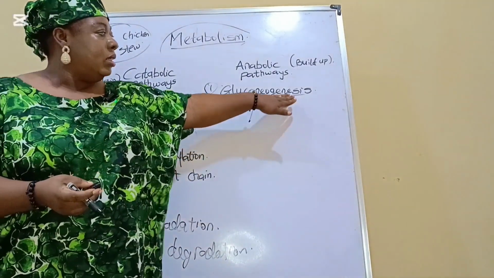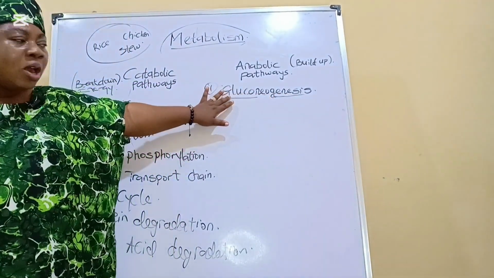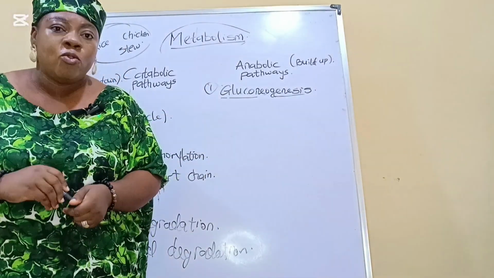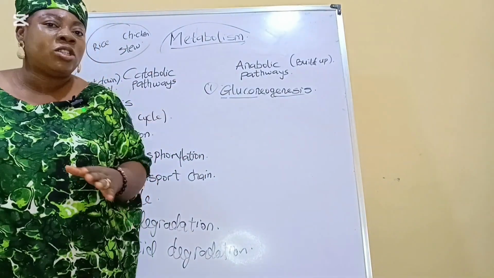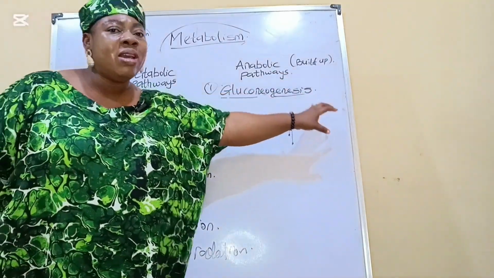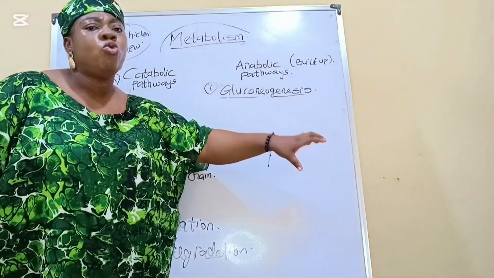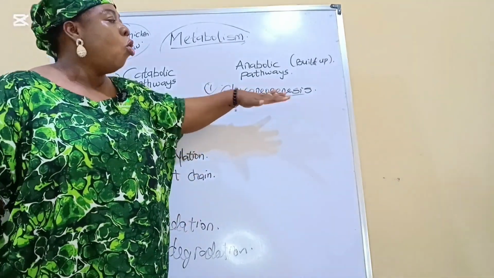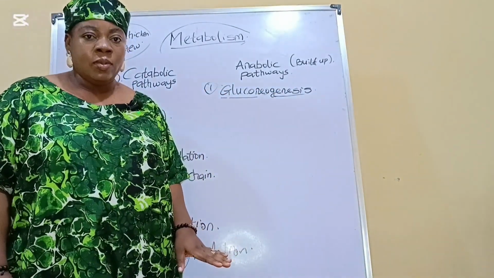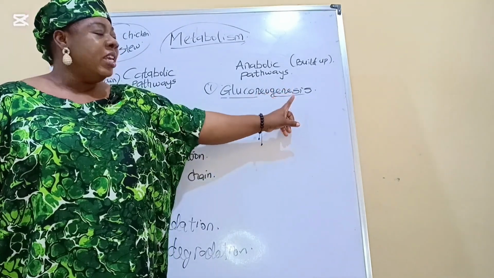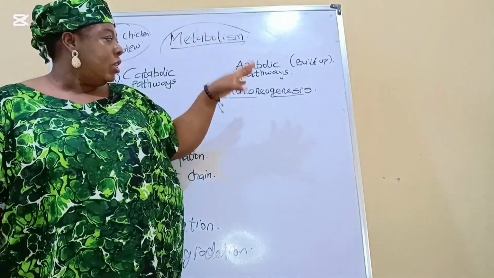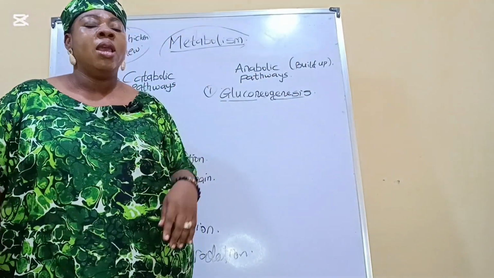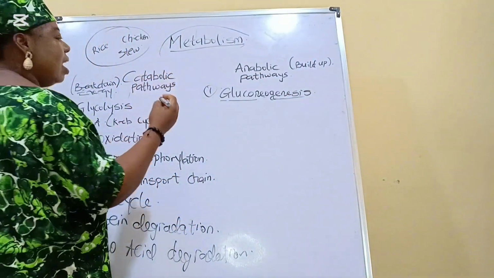We want to generate glucose, but what is available are not sources of glucose, they are non-glucose sources. So the process of generating glucose from non-glucose sources is what we know as gluconeogenesis. With that, it's giving us new products, which is our glucose, meaning that it's also building up and consuming energy.